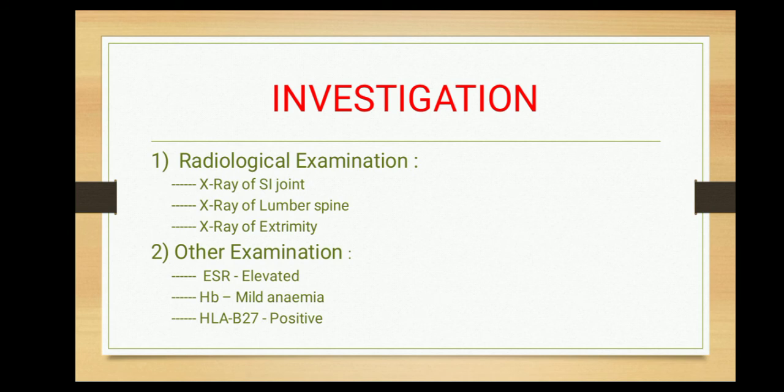ESR will be elevated and mild anemia will be seen. ESR is elevated because of the inflammatory disease; in any inflammatory disease, ESR is always elevated. And the next is HLA-B27 is positive. That point we have covered.